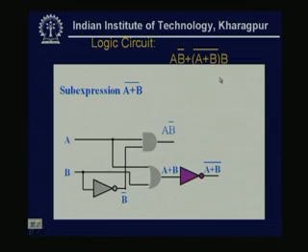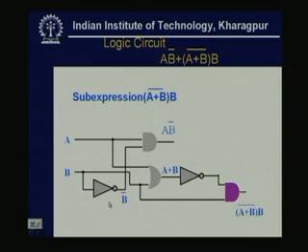Now, again in the expression I need another, it should be (A plus B) complement dot B. So, now this is my A plus B complement and this B is available. So, this B is going here, and this is a 2 input AND gate.